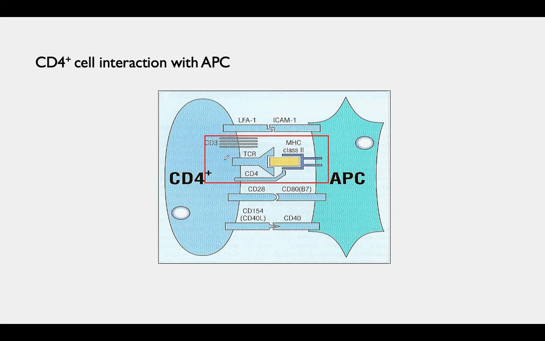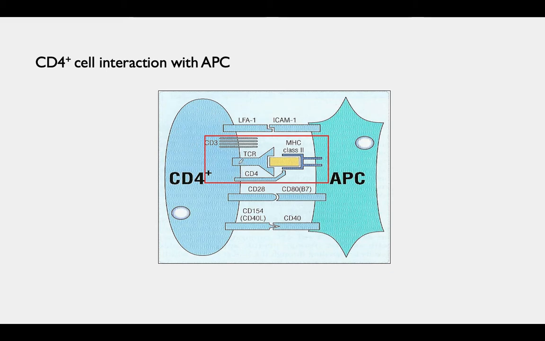So basically what is happening is that the CD4, when it interacts with the antigen presenting cell, it has TCR, which is the T cell receptor. T cell receptor is important for the interaction with MHC class 2. This is the first thing. Second, TCR is a receptor that is not working unless you have CD3.